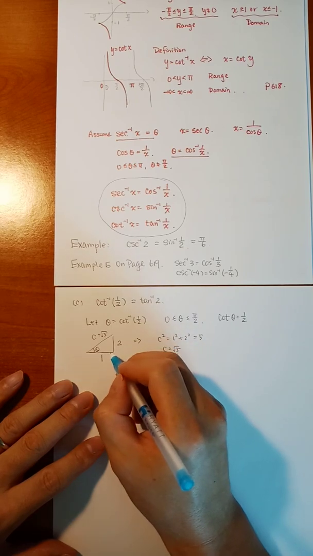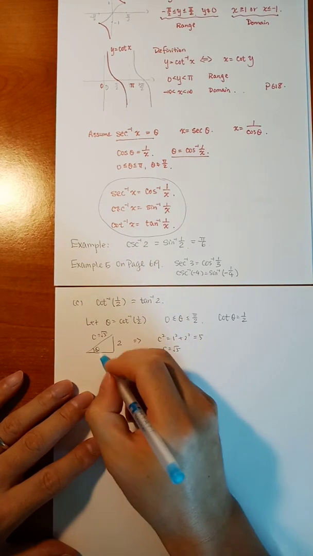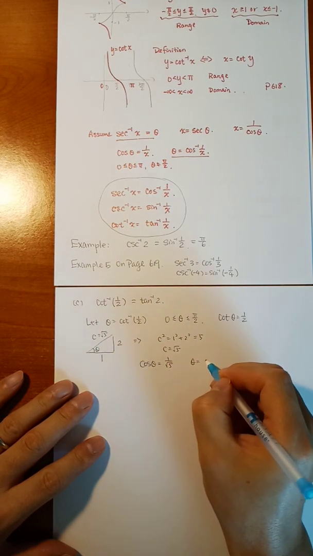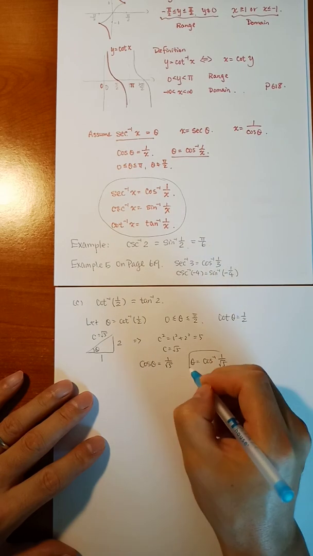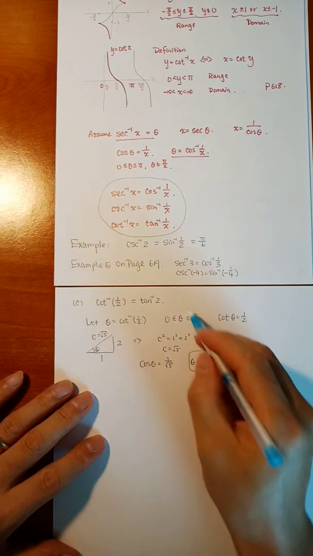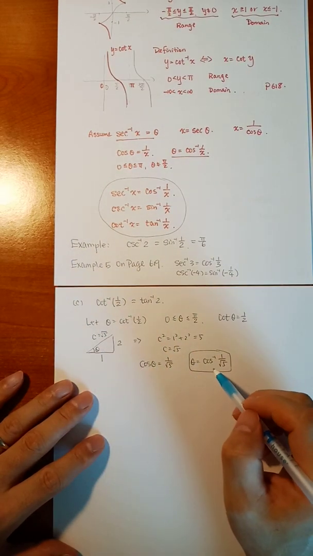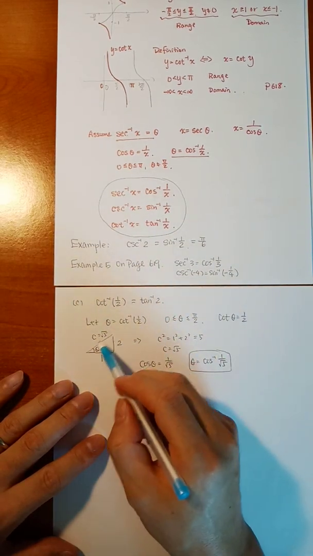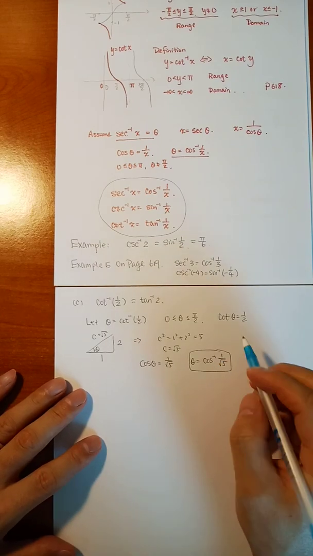So we can write cosine theta is 1 over square root of 5. And then theta is cosine inverse of 1 over square root of 5. These are the steps for problem C, so that you get this special transformation. You just go back to the right triangle and determine the cosine inverse.